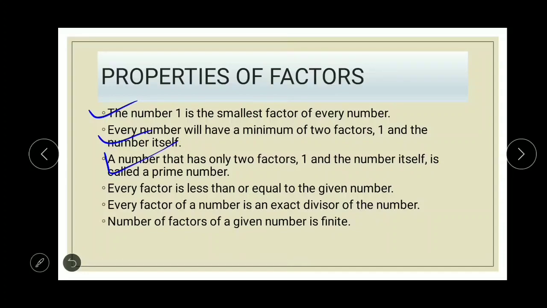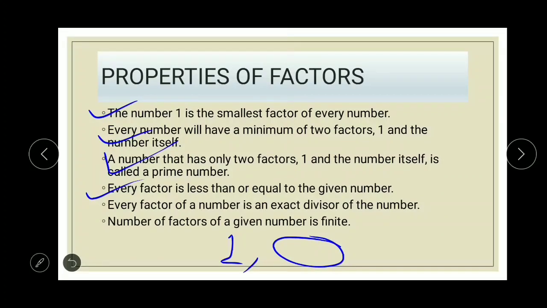Whatever I have discussed in the next point is written only. Fourth point, every factor is less than or equal to the given number, because 1 is a factor, this is the smallest number, and the number itself is the greatest factor of it.